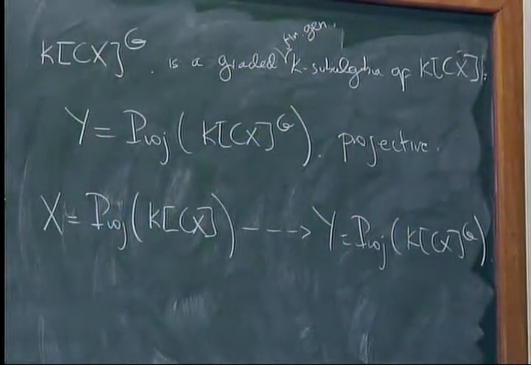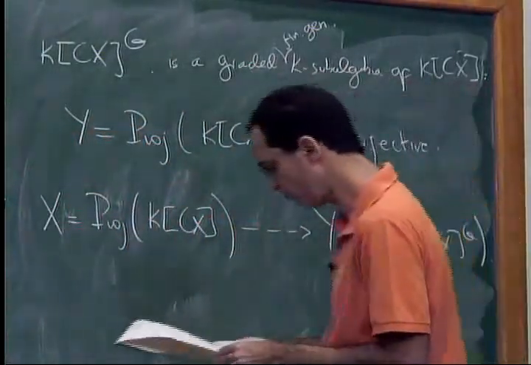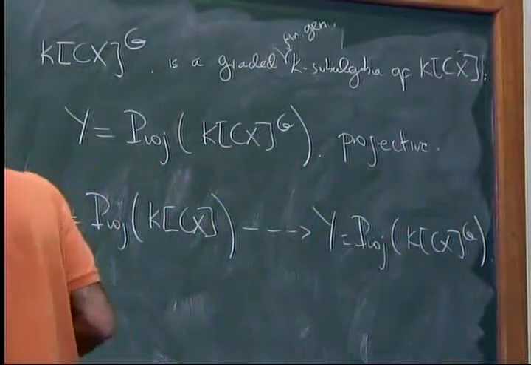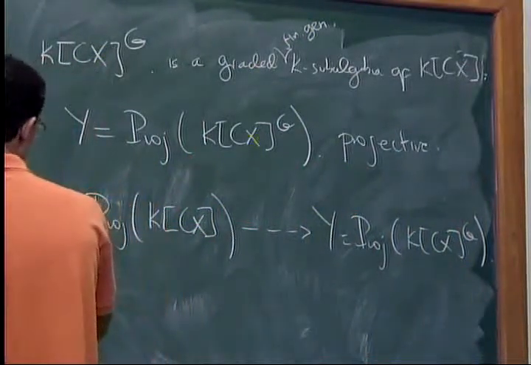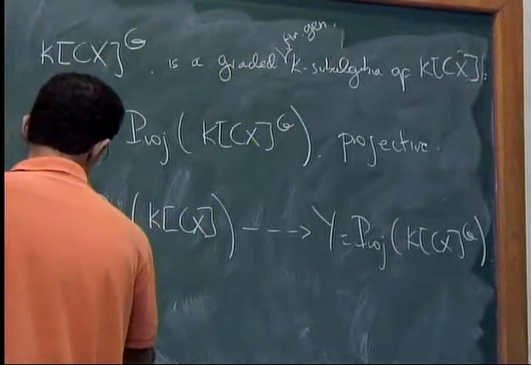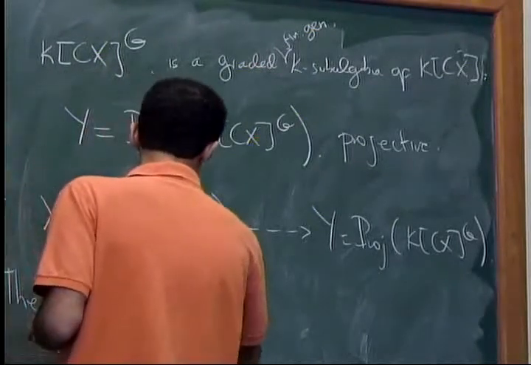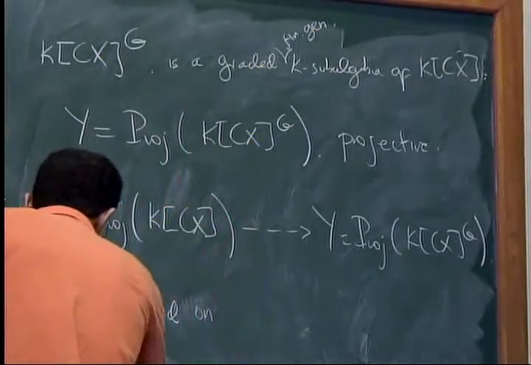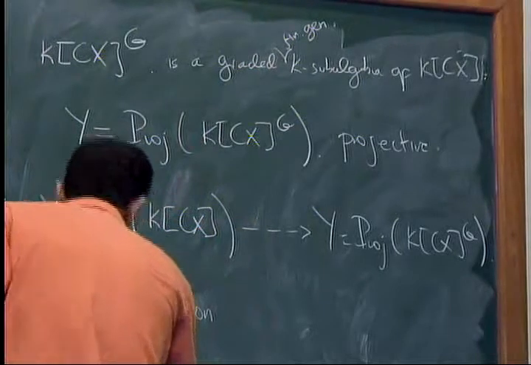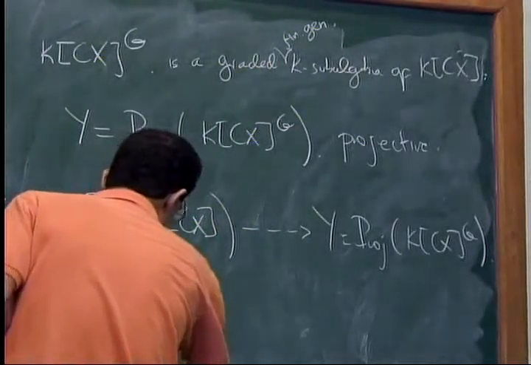So we can try to do for the cone what we did for the affine variety, and then we get a projective variety, but we get a map that is not defined everywhere. It's not defined on the whole X, but the map is defined on an open subset.